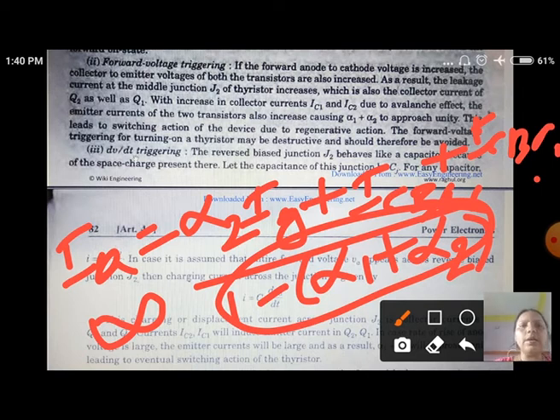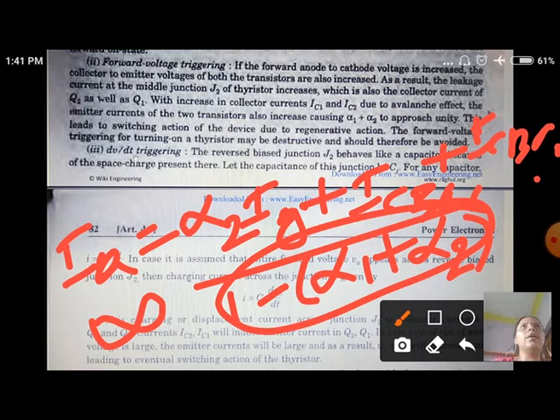So this is a regenerative action. So the forward voltage triggering for turning on a thyristor may be destructive and should therefore be avoided. Obviously, it may destroy the device, because if we increase the anode to cathode forward voltage, that means the voltage reaches an extremely high level, and at the same time, due to the increase in voltage, the current through the thyristor is also increased.